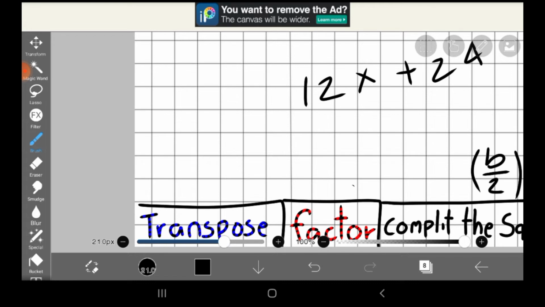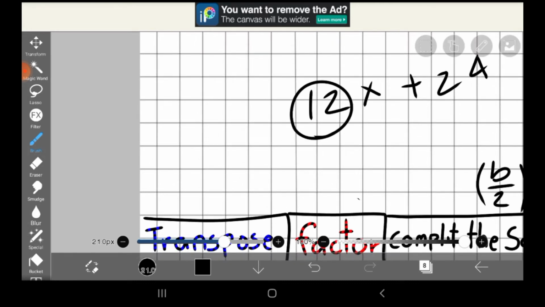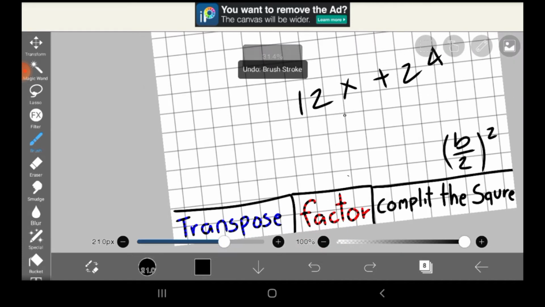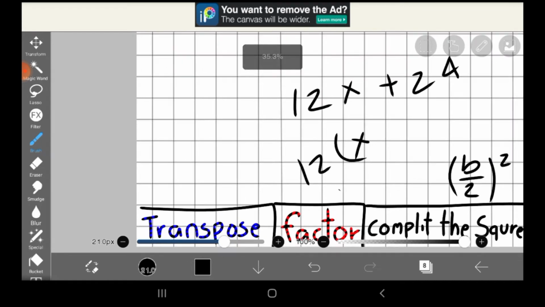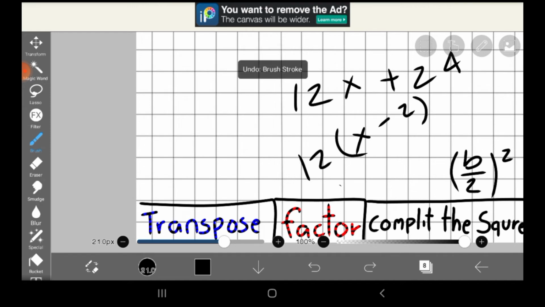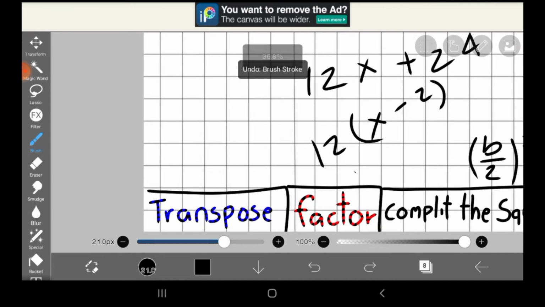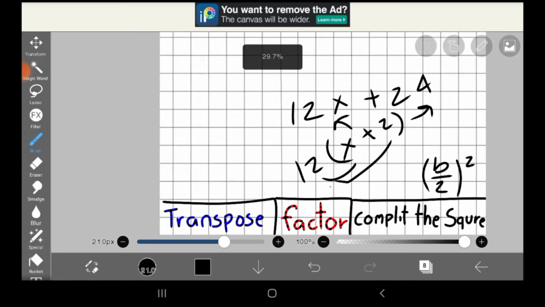So divide both sides by 12. We obtain the 12 here, the number divisible by 12, in the front of x. So 12 times x and 2. This is the factor of 12x positive 24. To check it, 12 times x is equal to 12x, 12 times 2 is equal to 24.